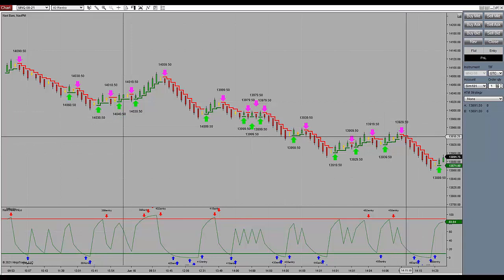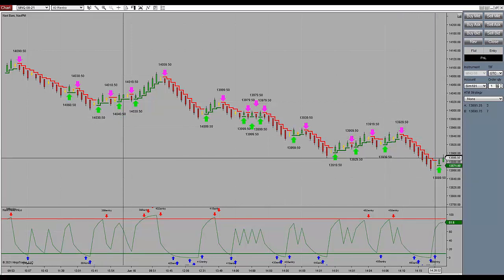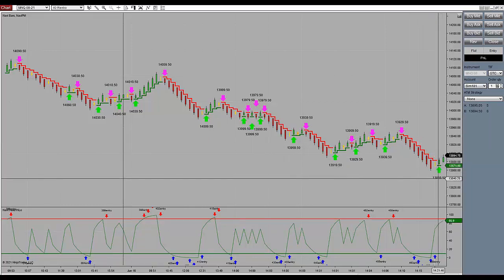All right, so the big benefit here, the charts are telling you where to get in, where to get out of your trades. All right, so at 2:30, we have the Fed press conference.